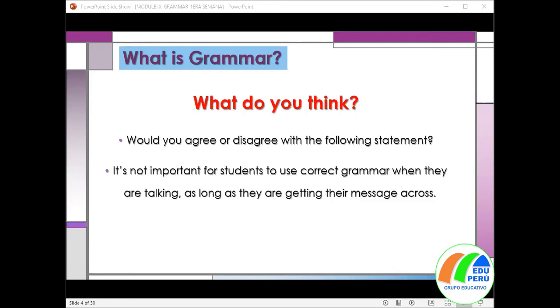Then we're going to analyze these two aspects of grammar and some different methods of how to teach them. It's important to know grammar, but you don't have to take it as simple rules. This is the most important. These are the foundations of how we express ourselves.